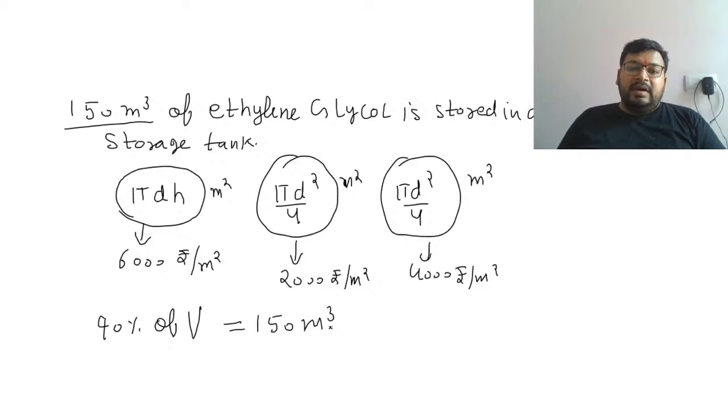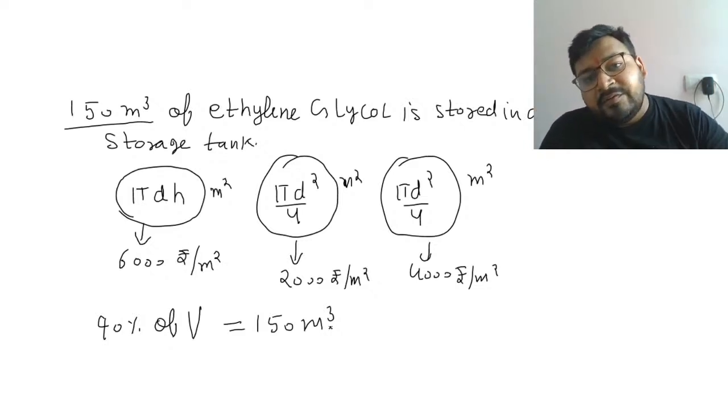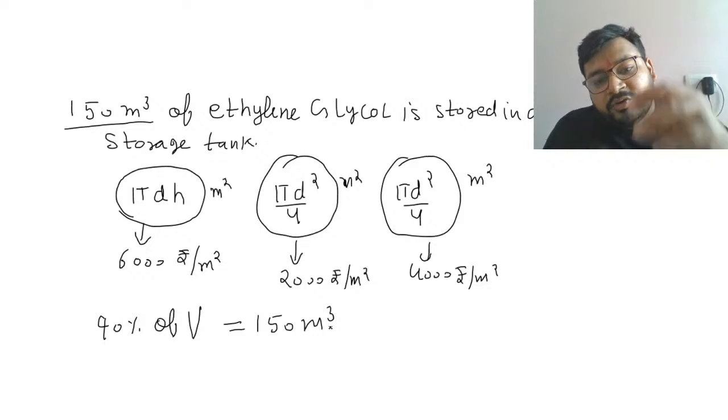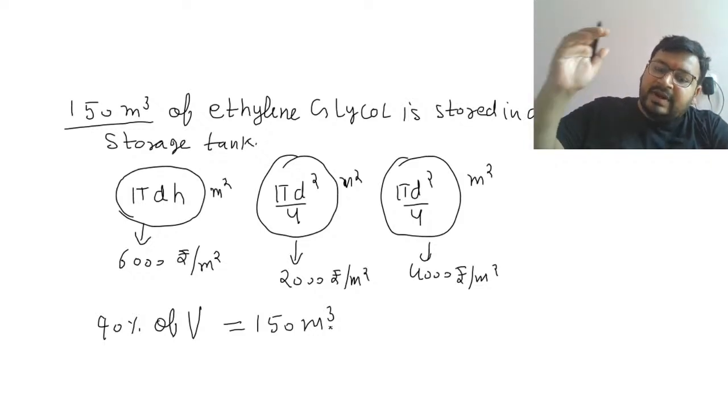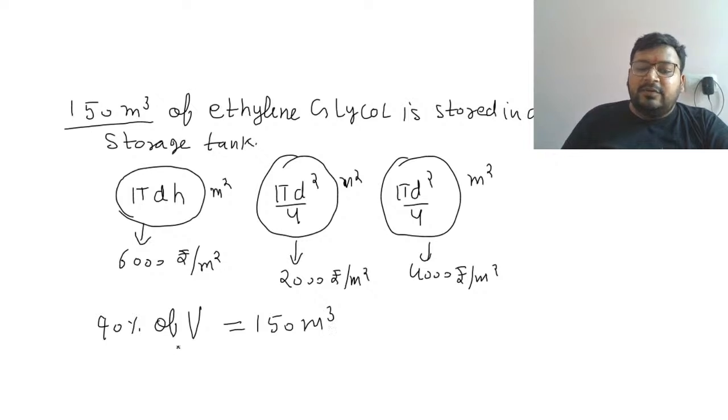If 90% of the volume is 150 meter cube, only then will it be able to store 150 meter cube of ethylene glycol. So 10% of the volume is kept free while 90% is there for the ethylene glycol. So what is the volume, guys?